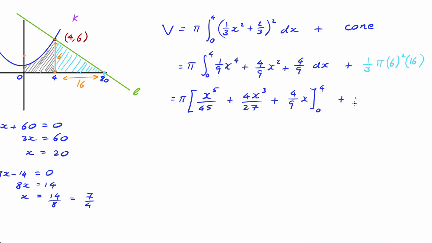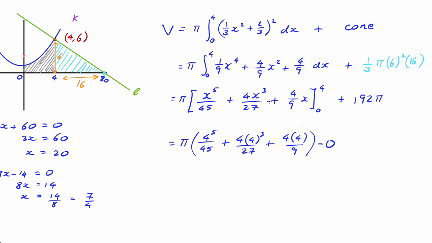So this is 192 pi, and this guy becomes pi times, the first one will be 4 to the 5 over 45, plus 4 times 4 cubed over 27, plus 4 times 4 over 9, and then it's minus 0 if you like, because when I sub in 0 here, it all turns to 0, plus 192 pi.